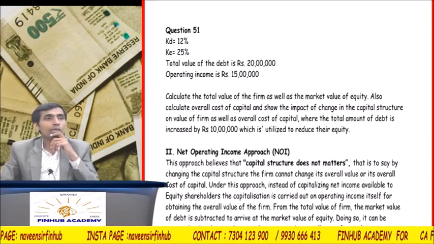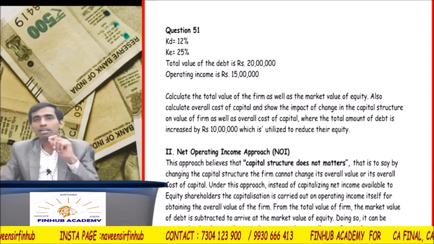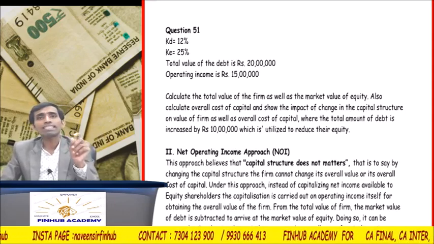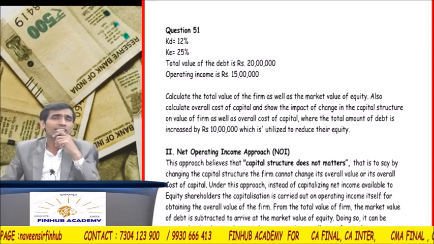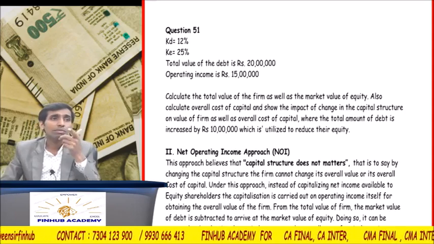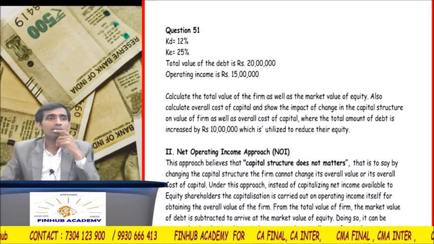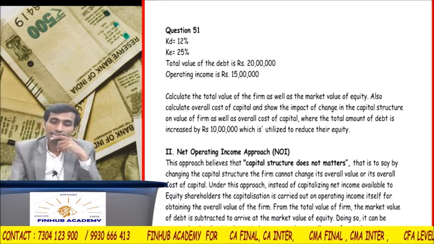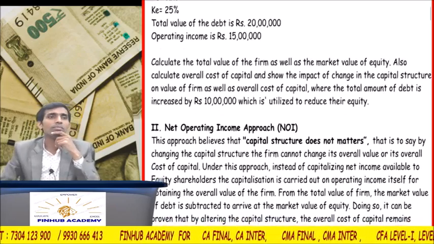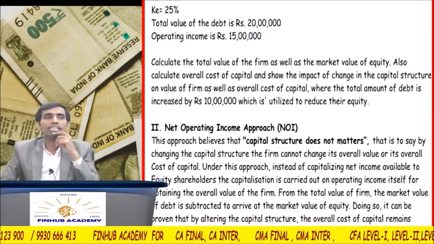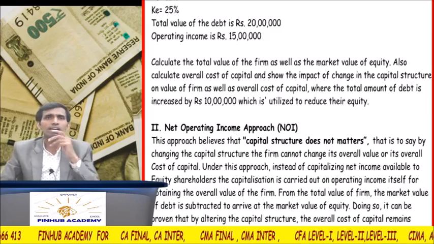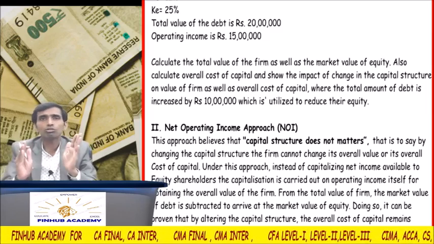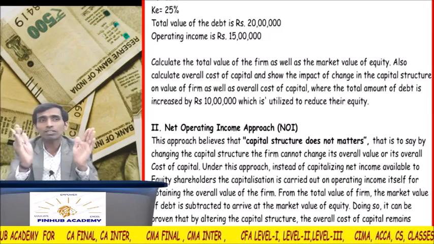KD is equal to 12%, KE is equal to 25%. Total value of the debt is 20 lakhs. Operating income, that is EBIT, is 15 lakhs. Calculate the total value of the firm as well as the market value of equity. Also calculate the overall cost of capital. I will stop here; let us go slow.